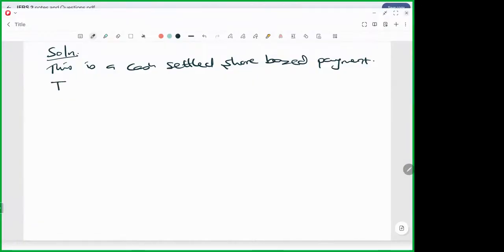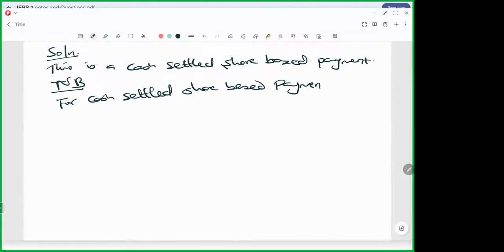Now remember here as an NB that for cash settled share-based payments, the annual expense is based on fair value at each year end.